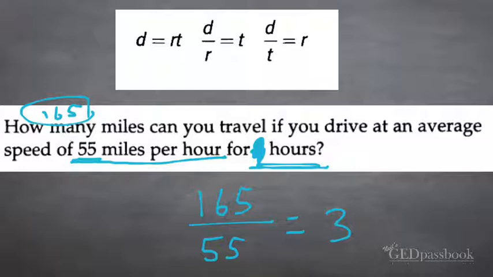We know that, right? But I'm showing you this because they're not going to always just ask for the distance. They're going to be asking for the time, and they'll give you a distance and a rate. And vice versa. They might give you the distance and the time and ask, how fast were you driving your car?